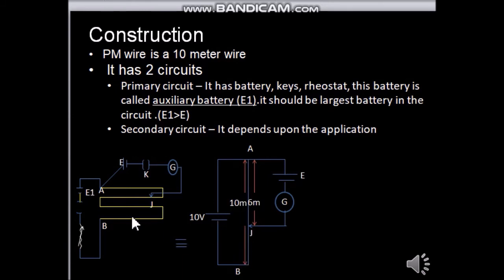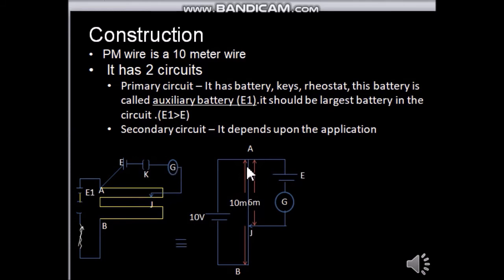Then on the right side, or on the top of the circuit, between A to J, you can see one unknown cell E, then key K and galvanometer are connected.